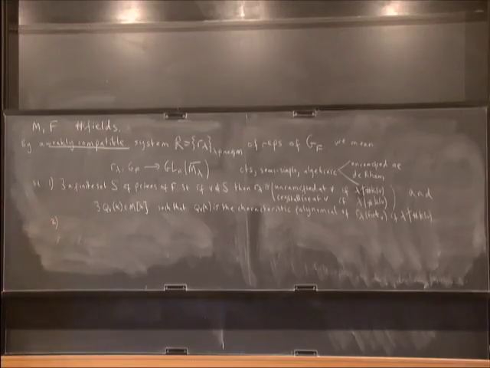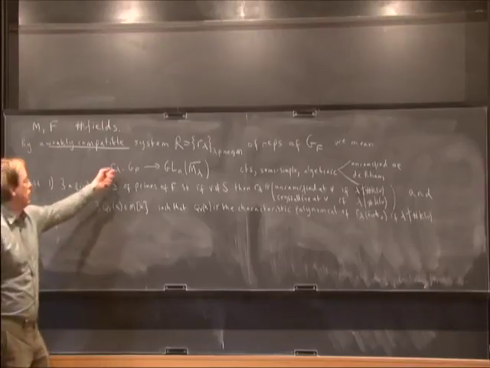And I want a little bit more than that. I want also the Hodge-Tate numbers not to depend on the choice of lambda.